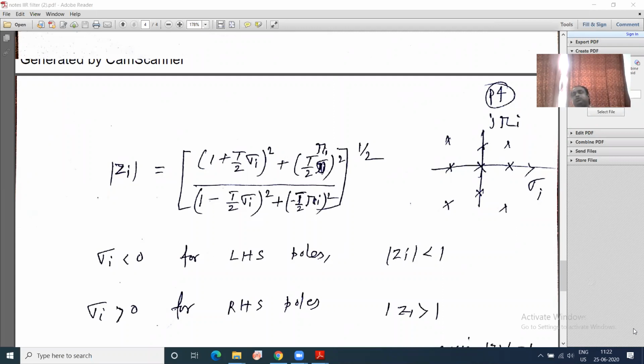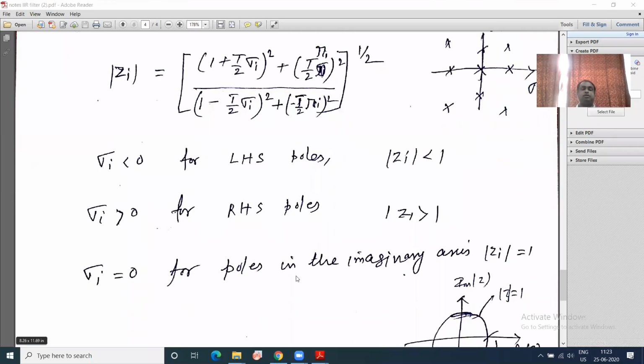Essentially, the magnitude of Zi is nothing but the radius of the circle in the Z plane. Agreed? Z equal to r e to the power j omega, magnitude of Zi equal to r. Therefore, the magnitude of Zi actually means the radius of the circle. So magnitude of Zi greater than 1 means that poles are located outside the unit circle.